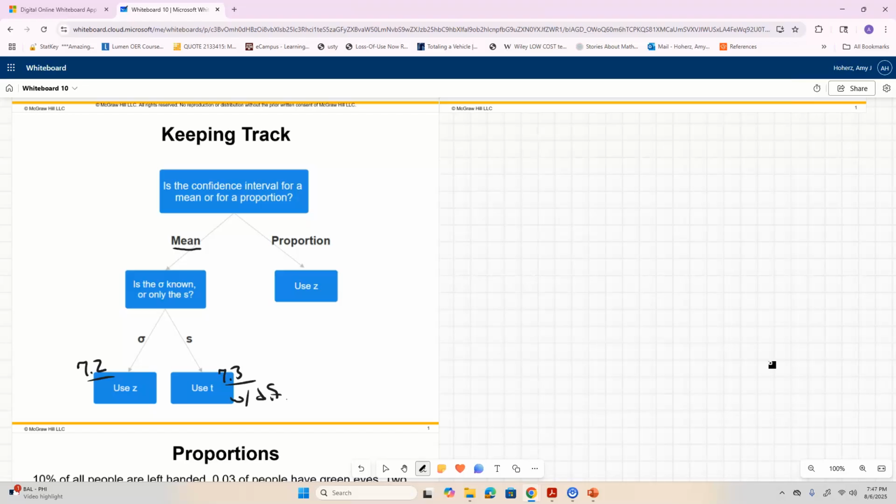Okay, so we had to figure out the degrees of freedom, and we had to stop at that level on our chart instead of going to the bottom. But now with proportions, proportions aren't reliant on a standard deviation, so we don't have to worry about whether we have the standard deviation or not, and we can just go back to using z again. So in Section 7.4, we're going to use z again.